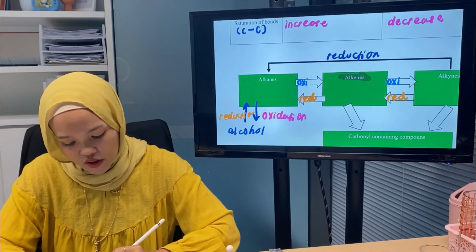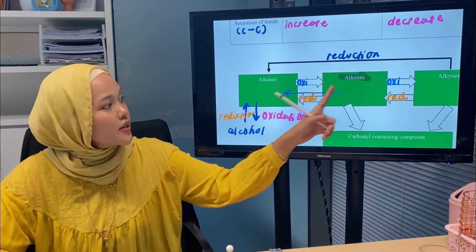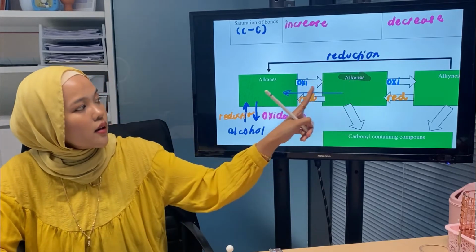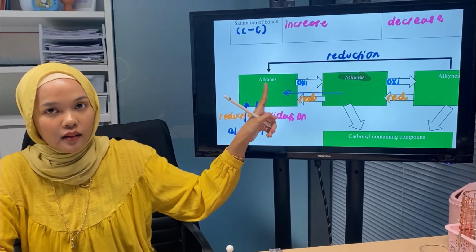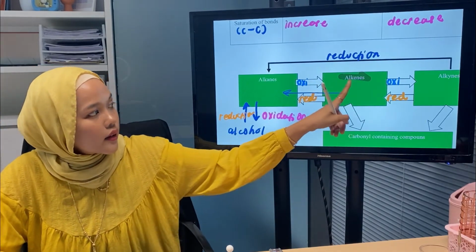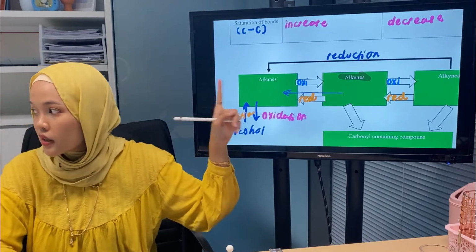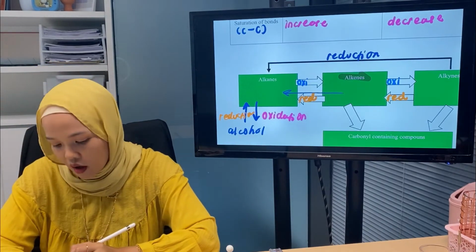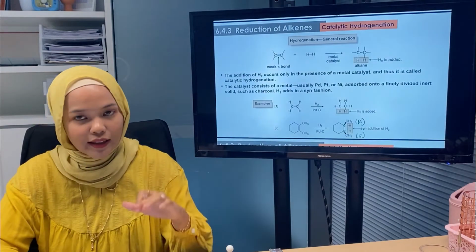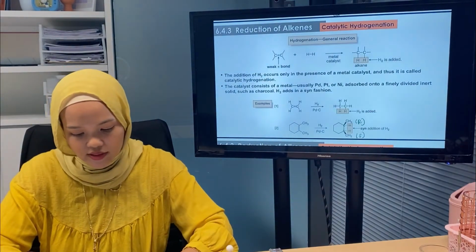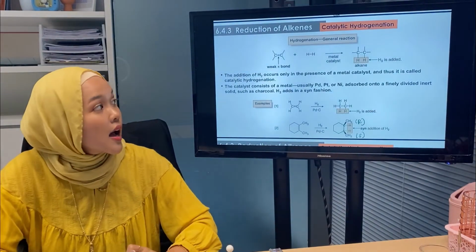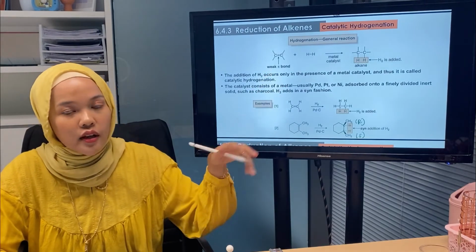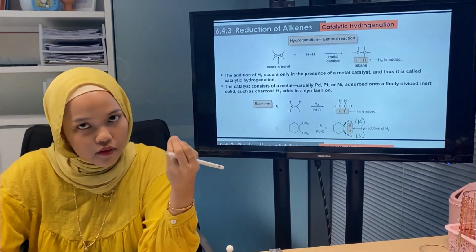The reduction of alkene will produce alkane. So you see, this is a hydrogenation reaction. We call this catalytic hydrogenation.